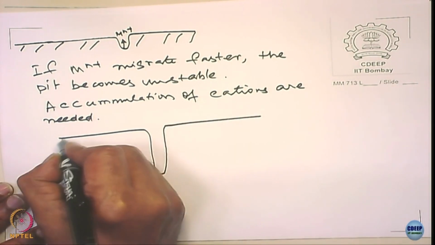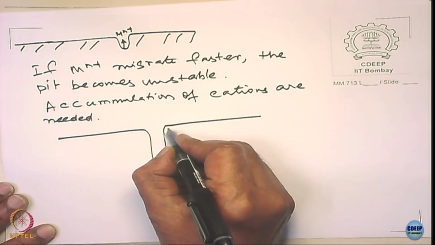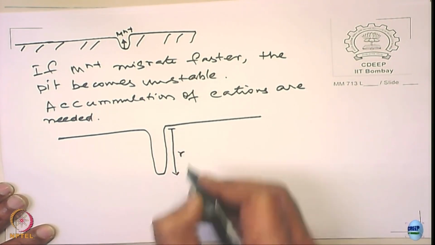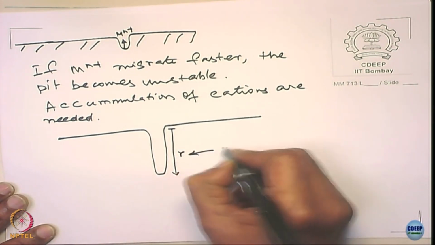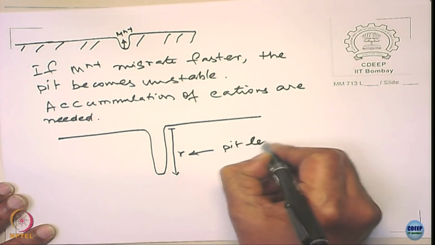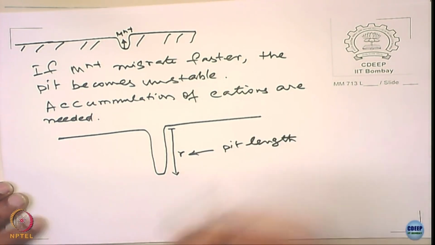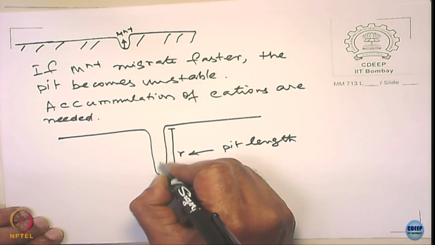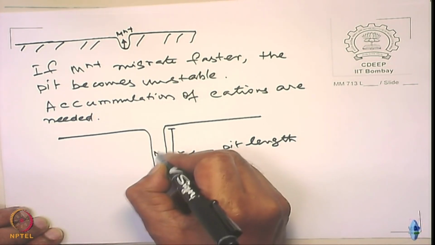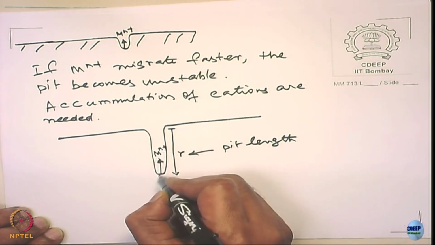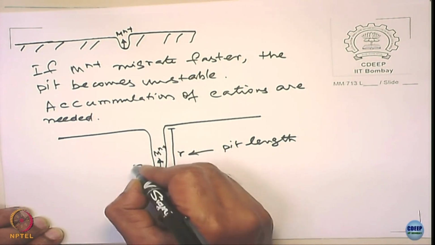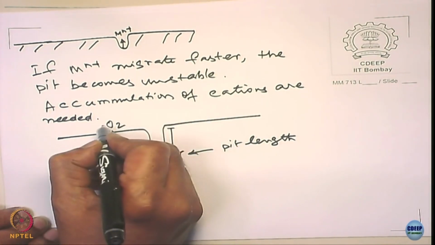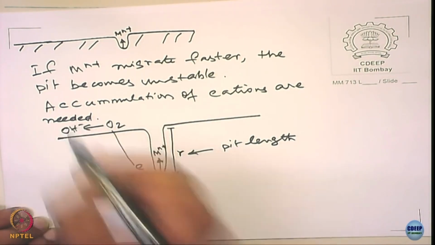I made this a little bit longer, this is the length of the pit. Now please look at here, the metal dissolution occurs, the electrons will travel here and they may combine with oxygen and form hydroxide.